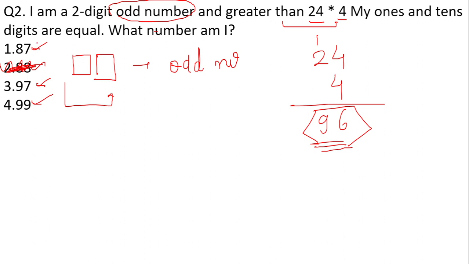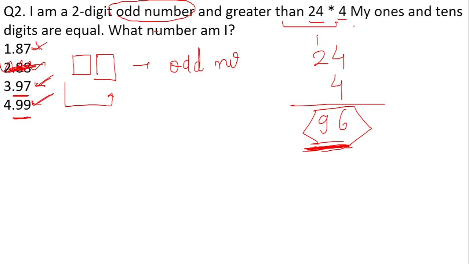So 87 is less than 96, so this cannot be the answer. Similarly, here 97 and 99. These are the two numbers that are possible here because we need a number greater than 96. So 97 is a possibility and 99 is also a possibility.